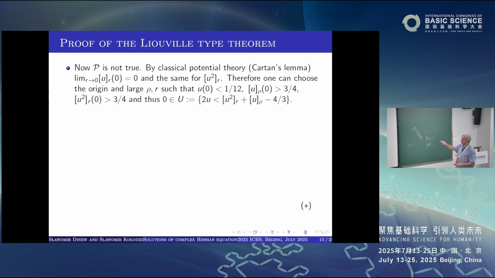Our sequence Rj, they all will be bigger than R. So having those, we obtain that the set U is non-empty because it contains 0. And the set is here. This is a setup for using the comparison principle.